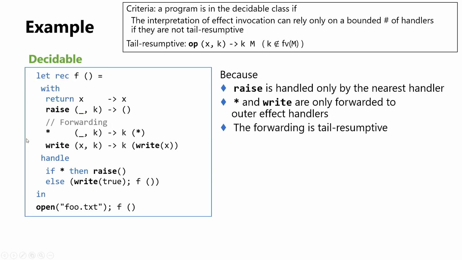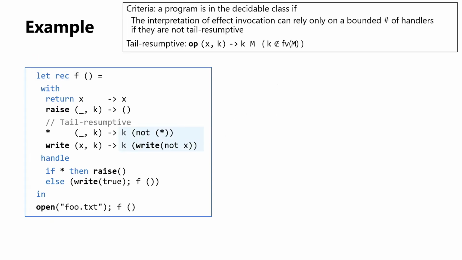This example belongs to the decidable fragment. Because raise is handled by the nearest handler, only one handler gives the interpretation to raise. And choice and write are only forwarded, and forwarding clauses are tail-resumptive, so no problem in this case.